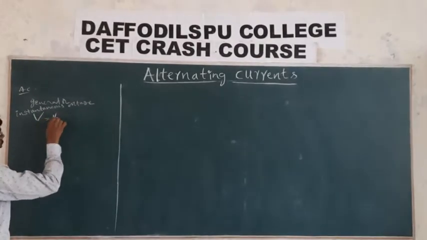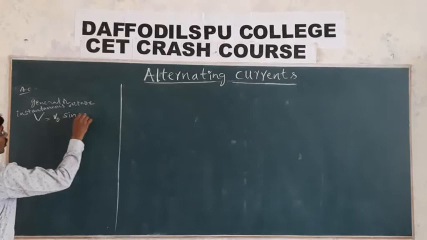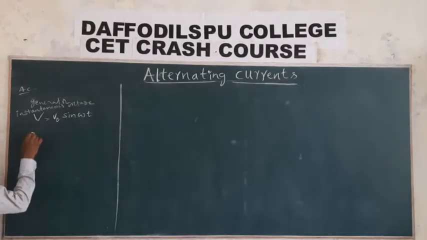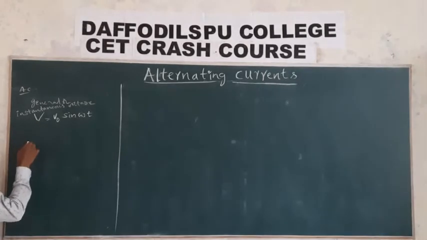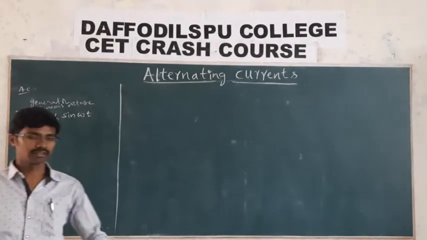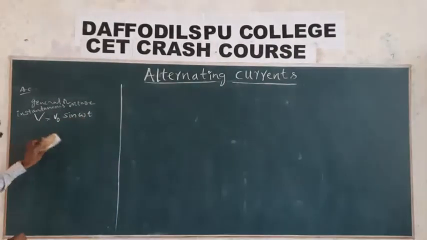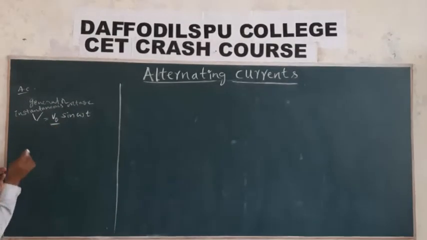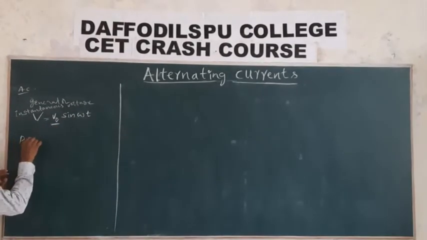V is equal to V naught sin omega t. These things we already have. And then what do you mean by the instantaneous current? Then I is equal to V by R, where V naught is nothing but peak voltage or maximum voltage.